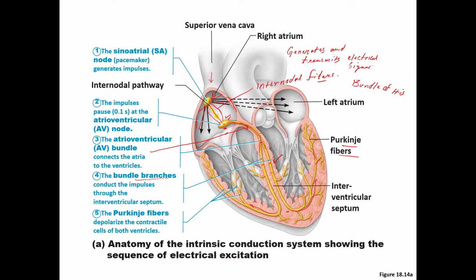So that's how the electrical signal is transmitted to the wall of the heart, and that is the electrical signal you record in EKG or ECG, electrocardiogram. In most part of the world, they use the term ECG, electrocardiogram. Here we mostly use the term EKG, electrocardiogram.